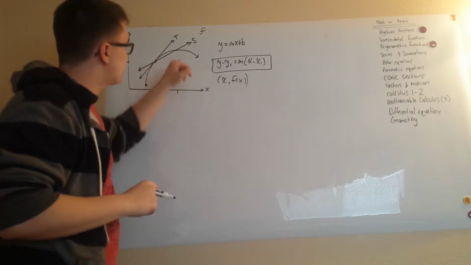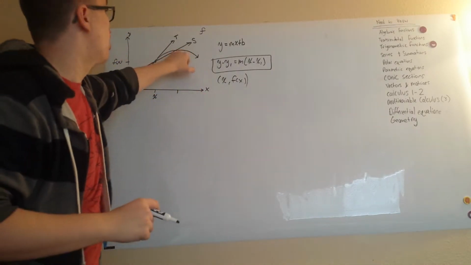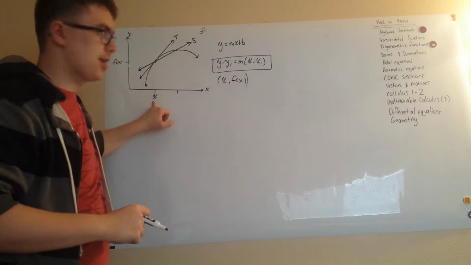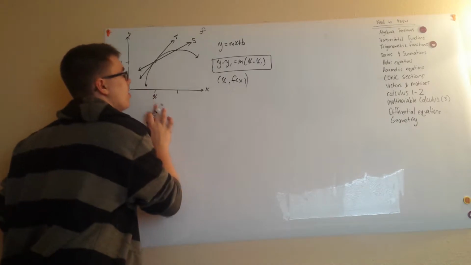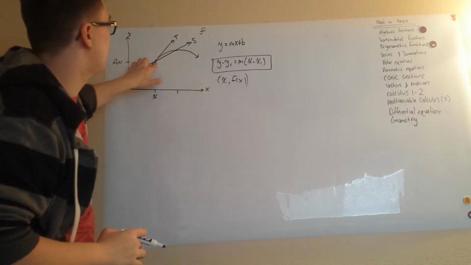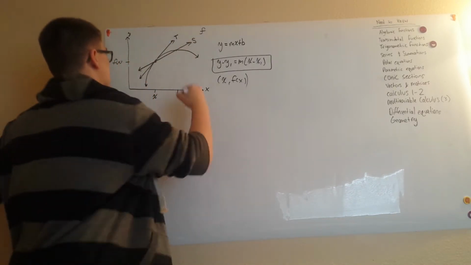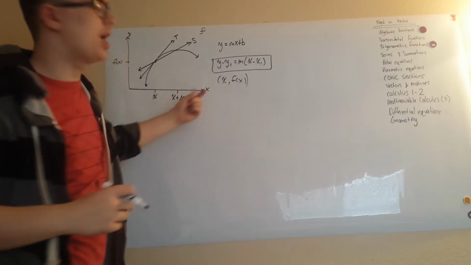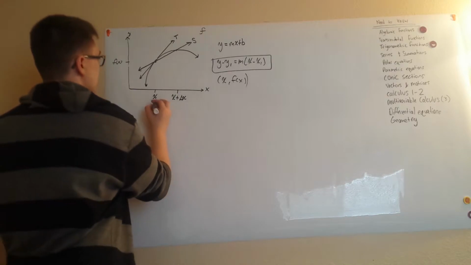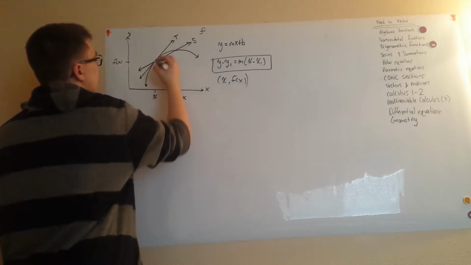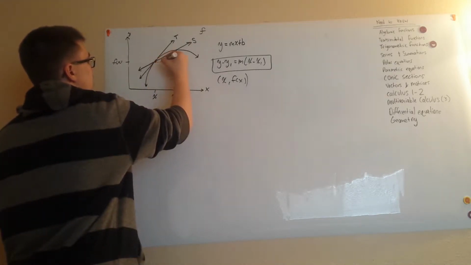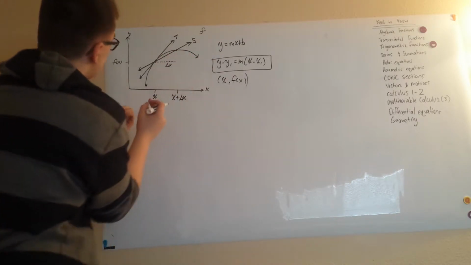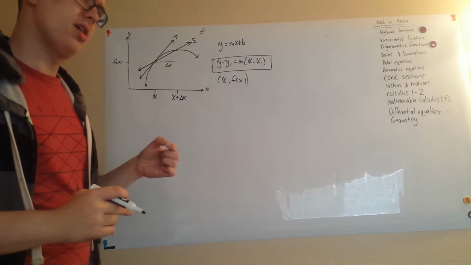The x value of this point that's further along is just this x value plus some number. So it's x plus some change in x. This difference is delta x.